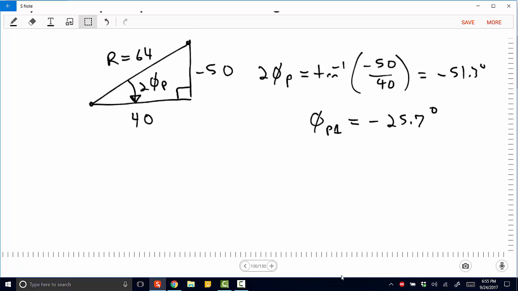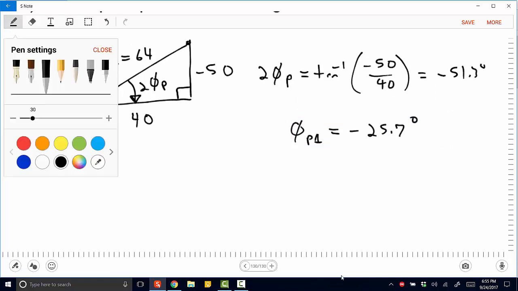So we've actually shown that using a little trick here, we can find phi p1.